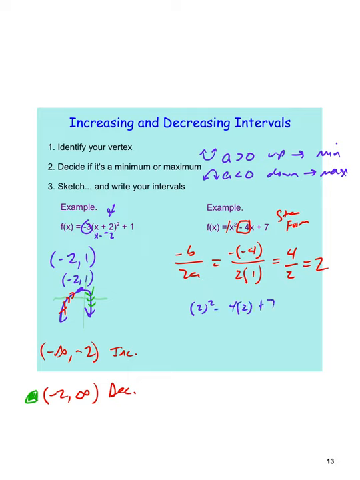Since the x is 2, I'm putting 2 in all the x areas of the original equation. That gives us 2 squared, which is 4, minus 4 times 2, or -8, plus 7. 4 minus 8 is -4, -4 plus 7 is 3. So the vertex occurs at the point 2, 3.